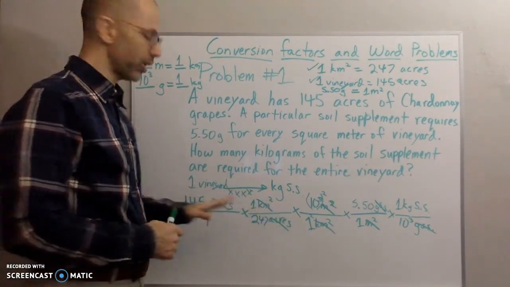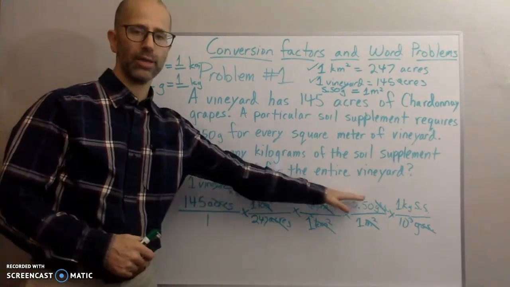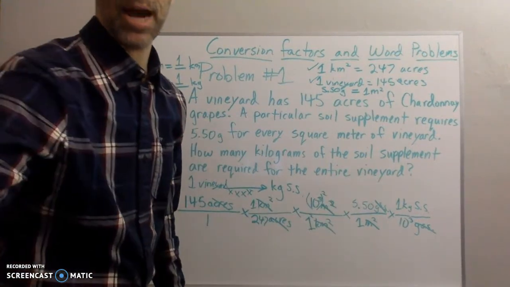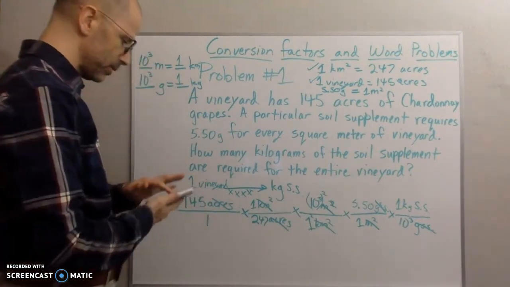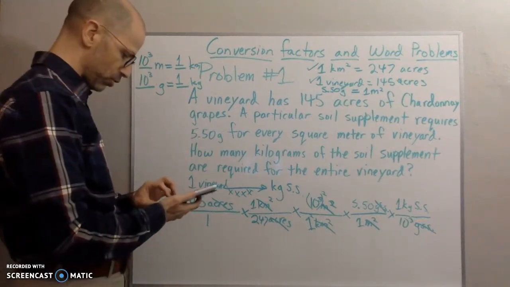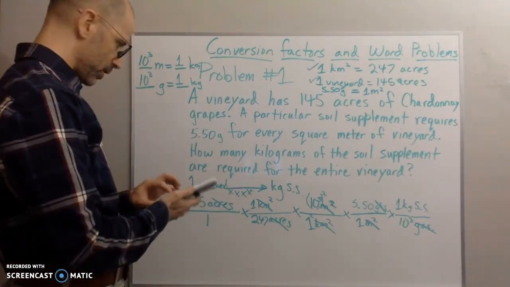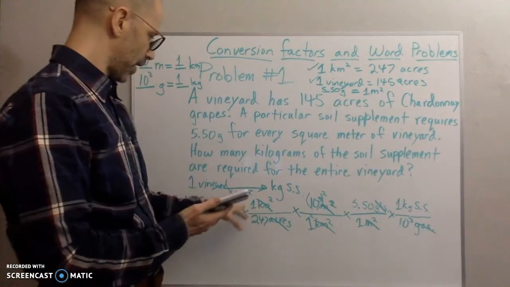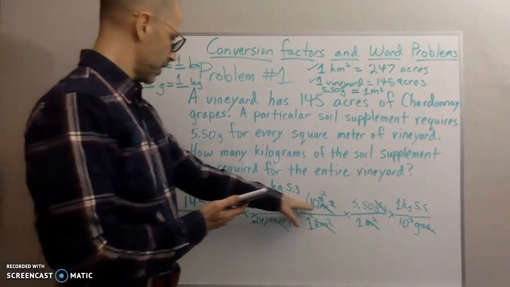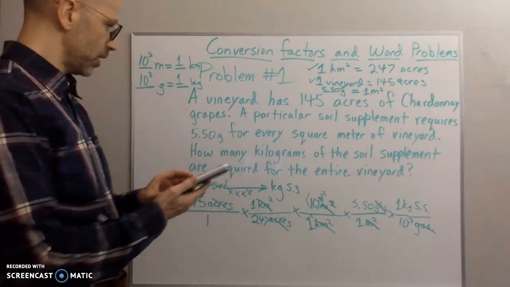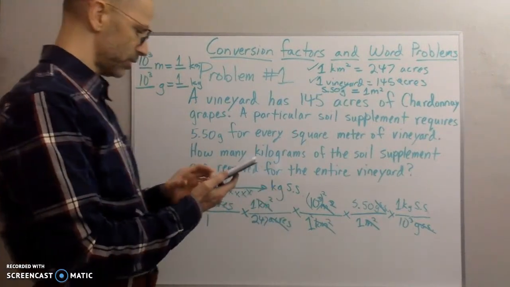At this point, all I need to do is multiply across the top and divide by the bottom. So let's do that quickly. I'm going to do 145 times, I forget the ones, 10 to the third squared, so 1,000 squared.